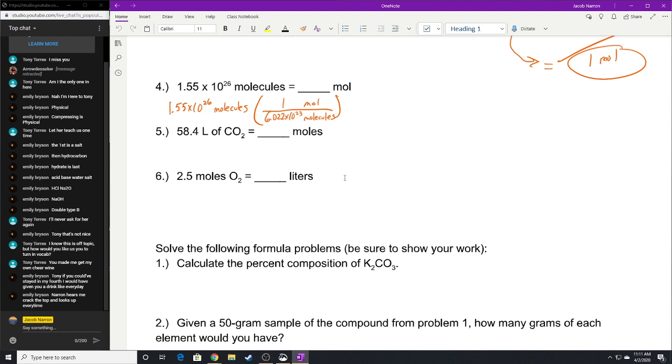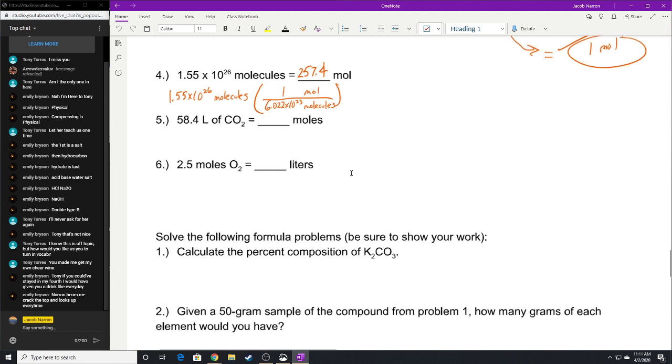In my calculator, I'm using parentheses, 1.55 E 26, close parentheses, divided by parentheses, 6.022 E 23, close parentheses, and I end up getting 257.4 moles. That's a lot of moles, but it works. It just works.